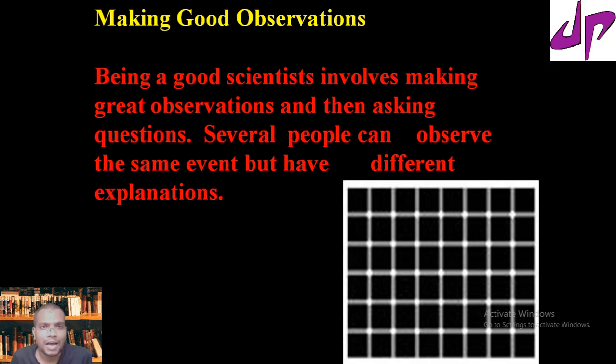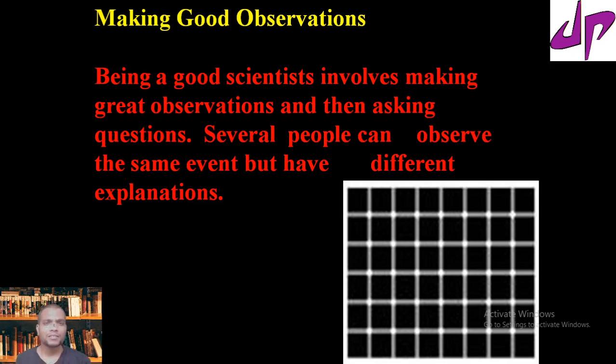Newton sat under an apple tree and an apple fell. Then he made an observation, the falling apple. That is the only observation he made. And from that observation, he asked a question. What was the question? Why does the apple not fly up? Why does it fall down? That was his question when he sat under the apple tree.